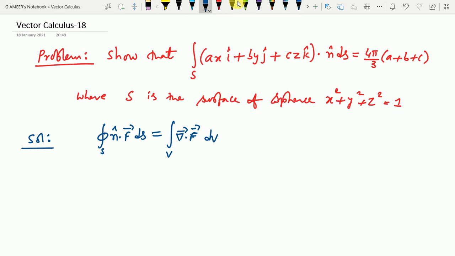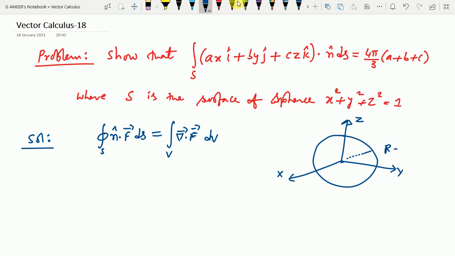Here they have given the closed surface in the form of a sphere whose center is the origin, and these are the axes: x-axis, y-axis and z-axis. The radius they have given is 1. Generally the sphere equation is x square plus y square plus z square is equal to r square, but here the radius is 1.